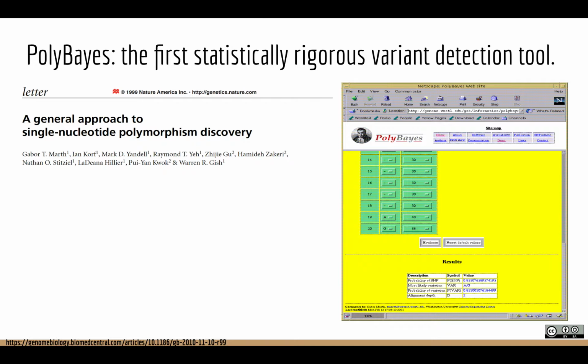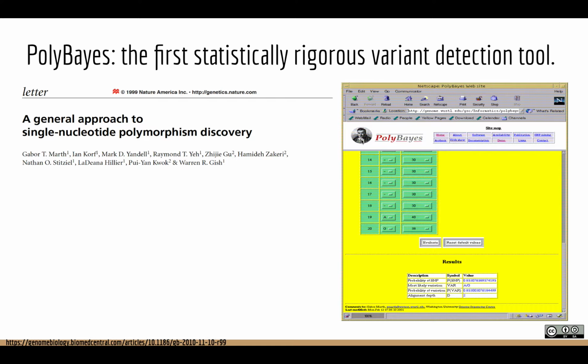The signal is that there are 2 peaks in the chromatogram suggesting a heterozygote, but the noise is that most chromatograms have low-level second peaks just because the fluorescence is a little bit noisy.